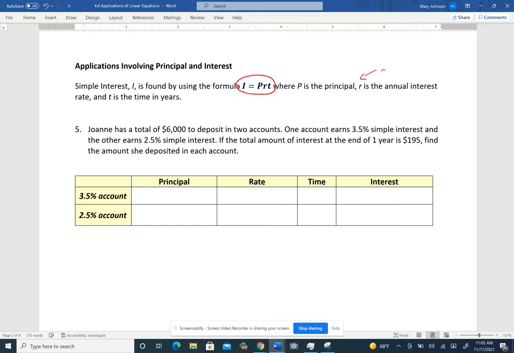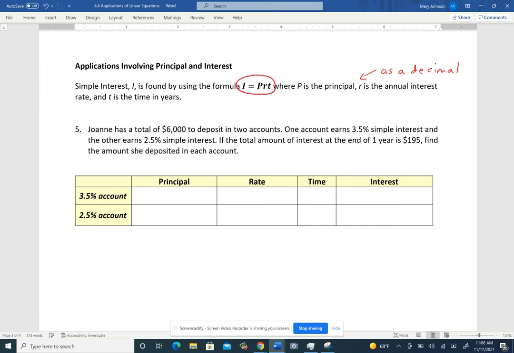So the R should be written as a decimal. And then the T, which is the time in years. Okay, so with simple interest, the interest earned over a period of time is not added back in. You don't earn interest on your interest. That would be compound interest. It would have a more complicated formula.